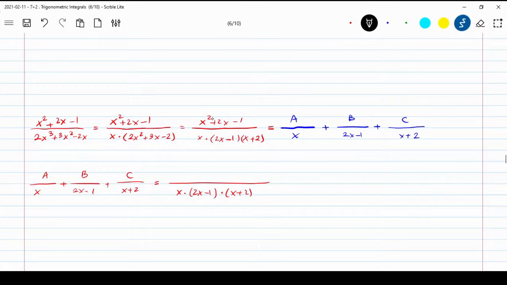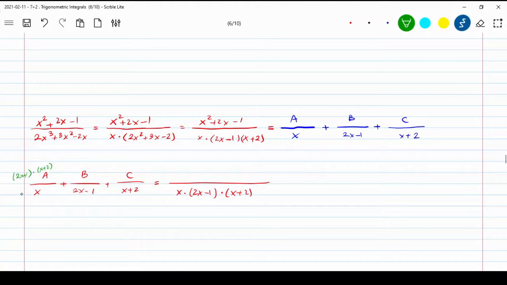2. So what do I need to multiply to the first fraction to get common denominator? I should multiply in 2x minus 1 as well as x plus 2.